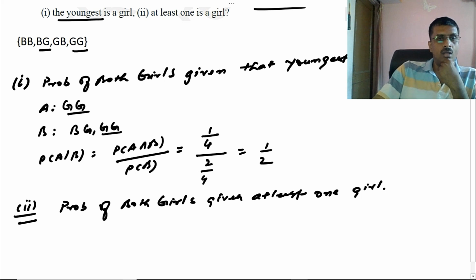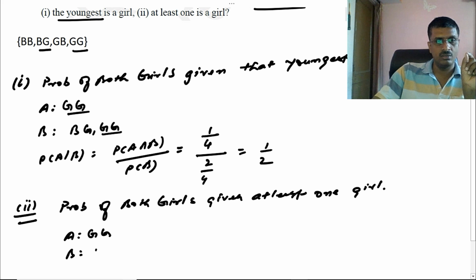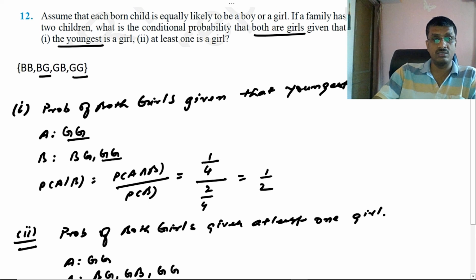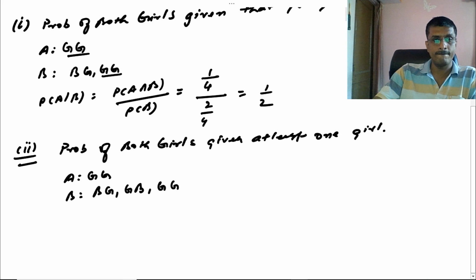Right? Now, the A here is this, and if you talk of B, at least one girl. So here we have a girl, here we have a girl, and here too we have girls, right? So these are the 3 conditions being satisfied by B.